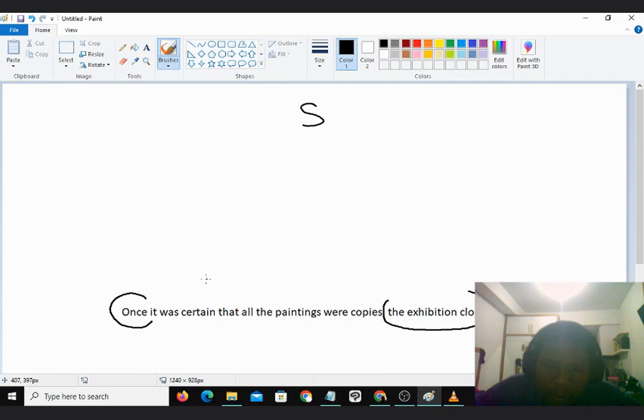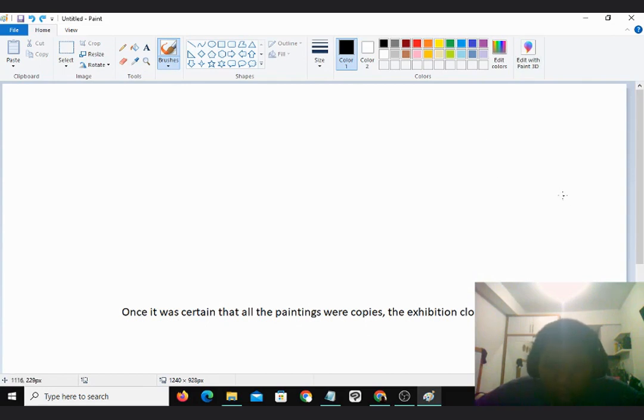This adverb tells the specific reason the exhibition will close: once it was certain that all the paintings were copies. This fulfills the condition that makes sure the exhibition is going to be closed.